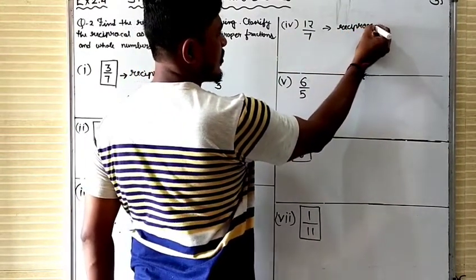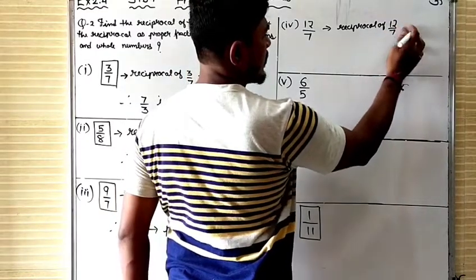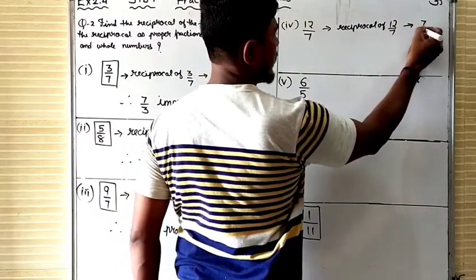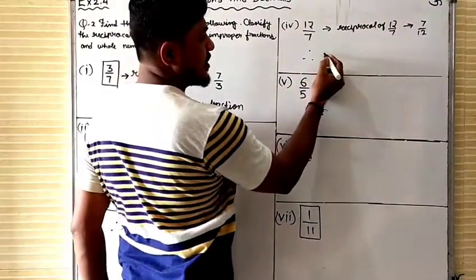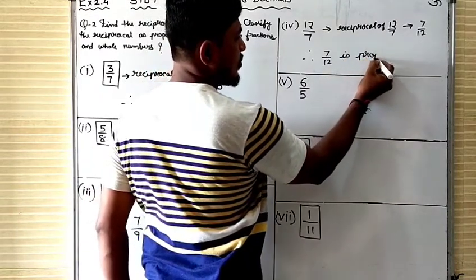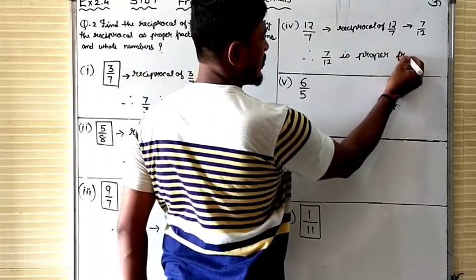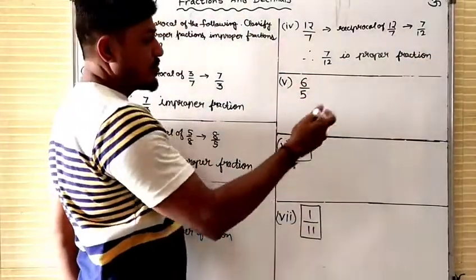Reciprocal of 12 by 7 is 7 by 12. Here also numerator less than denominator, that means therefore 7 by 12 is a proper fraction.